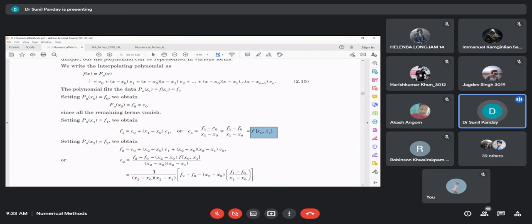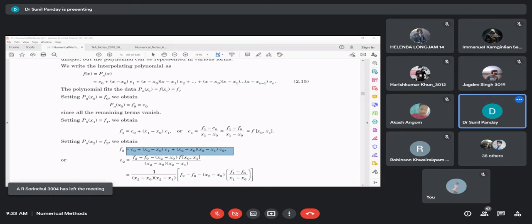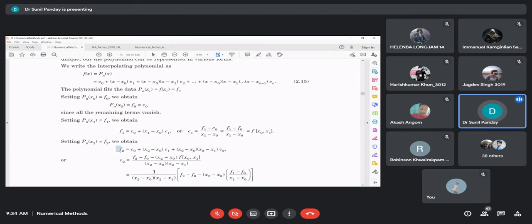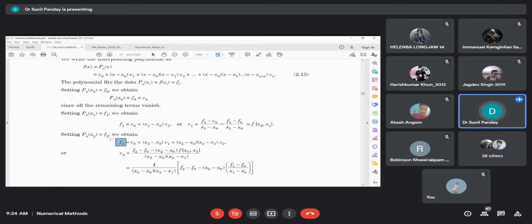So these three terms will remain, and other terms contain the factor x minus x2, so other terms are 0. So on the right side we have C naught plus (x2 minus x naught) C1 plus (x2 minus x naught)(x2 minus x1) C2, and on the left we have Pn of x2, but Pn of x2 by the interpolating condition is f of x2.